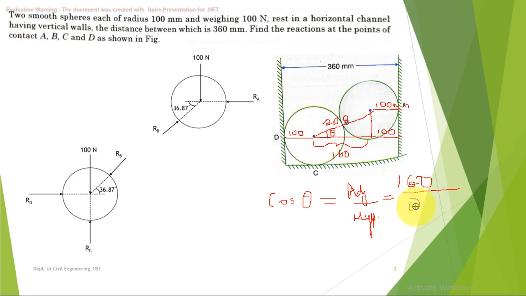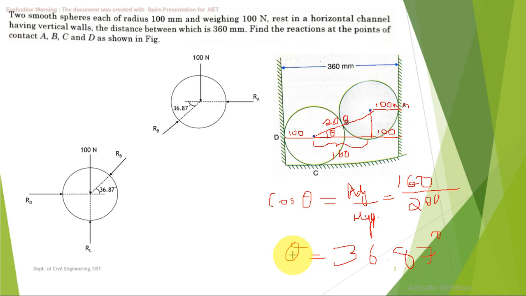Hypotenuse is 200. So when you find cos theta, you can take cos inverse of 160 by 200. You'll get the theta value as 36.87 degrees.